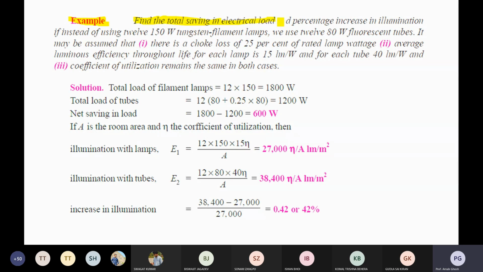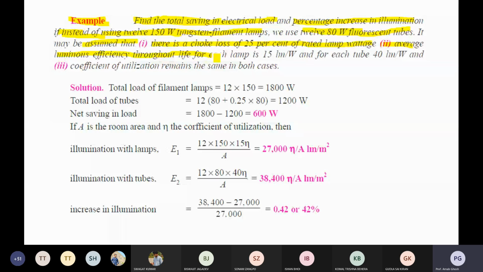The 25% is already mentioned, and the number of 80 watt fluorescent tubes is 12. So you have to find the wattage calculation: 12 into 80 plus 12 into 0.25 into 80, finally it is coming 1200 watt. So the net saving of load is 1800 minus 1200, so it is 600 watt saving.